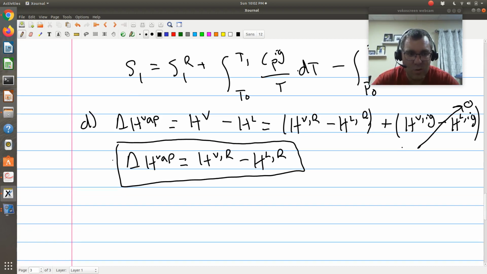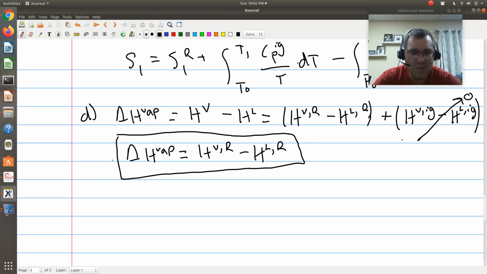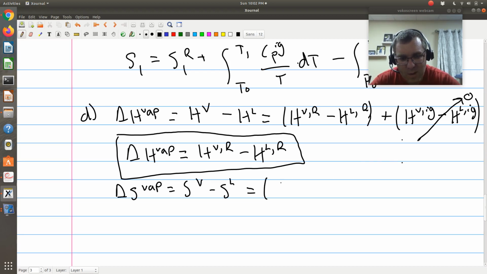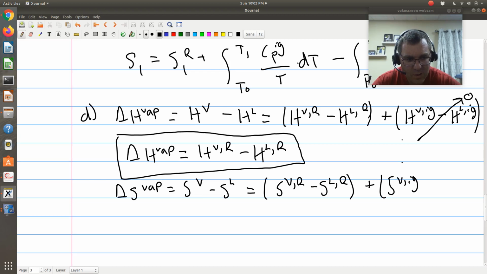Okay, cool. Entropy of vaporization we can get in two different ways. The first would be the same direct route. So delta S of vaporization would be S vapor minus S liquid. And so that would be S vapor residual minus S liquid residual plus S vapor ideal gas minus S liquid ideal gas. Now entropy of an ideal gas is a function of temperature and pressure.